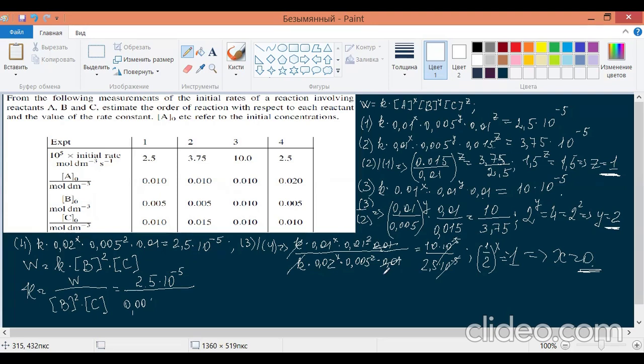And C is equal to 1, that means 100. So the value of k is equal to 100.